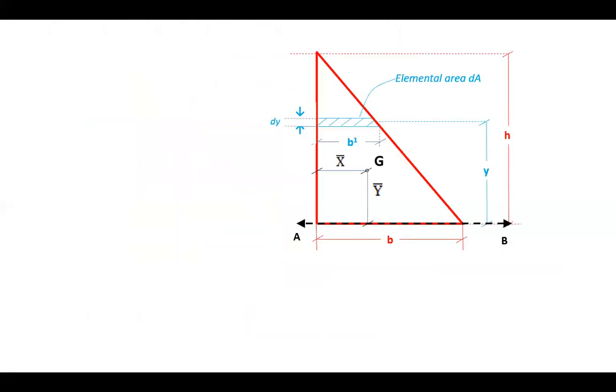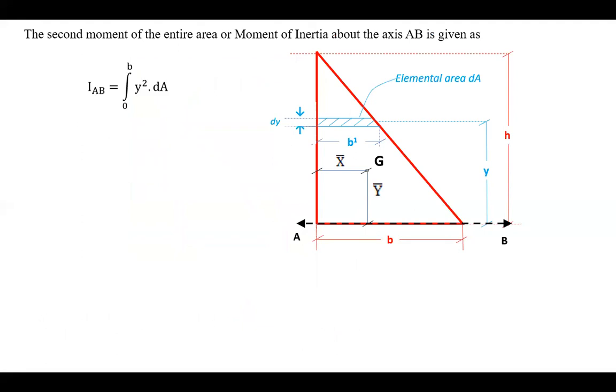Let us proceed. From first principles, the moment of inertia about the base, I_AB, is the integral from 0 to, actually this is not b, this is h.